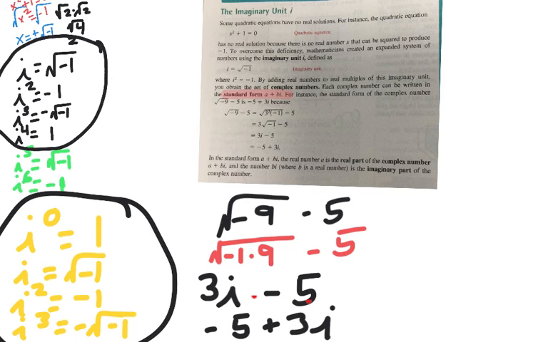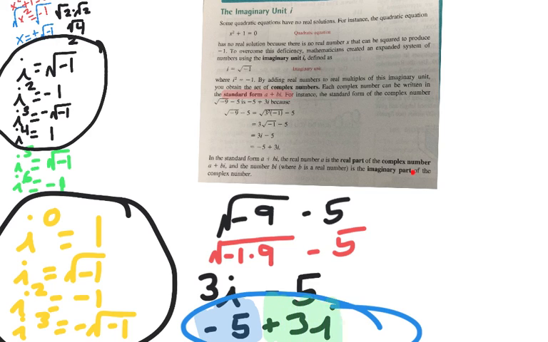Now, this whole thing is called a complex number. But the complex number has a real part and an imaginary part. The real part is negative 5, because negative 5 is a real number. And you notice how it has no i with it, no imaginary part. So negative 5 is called the real part.